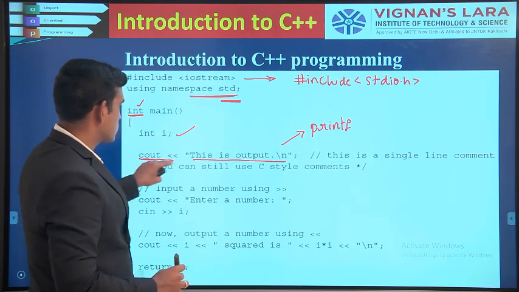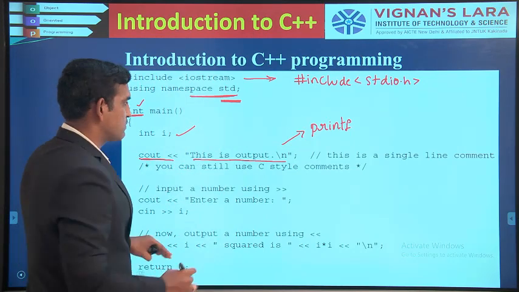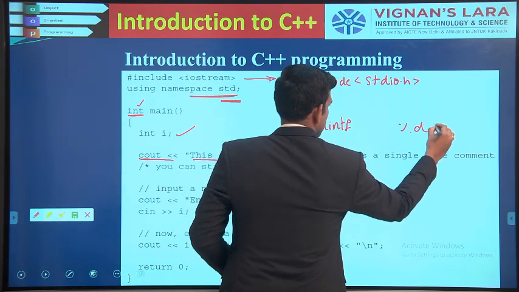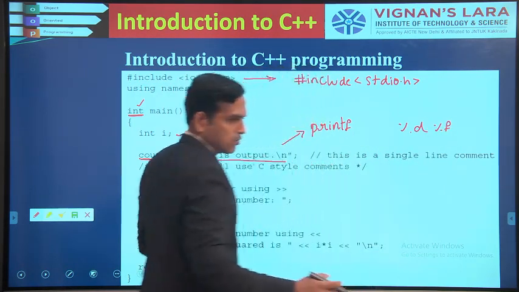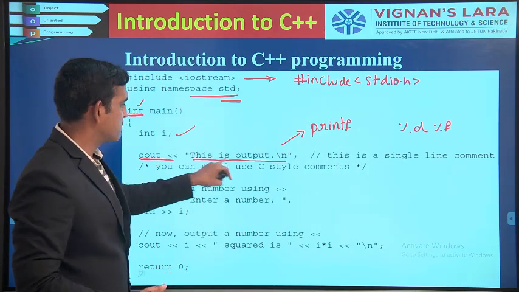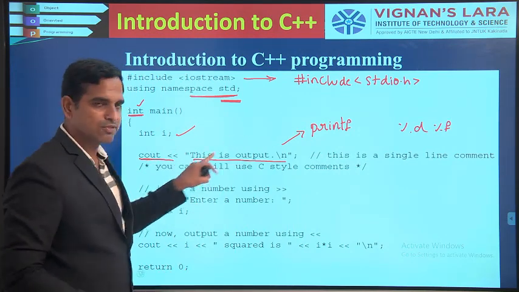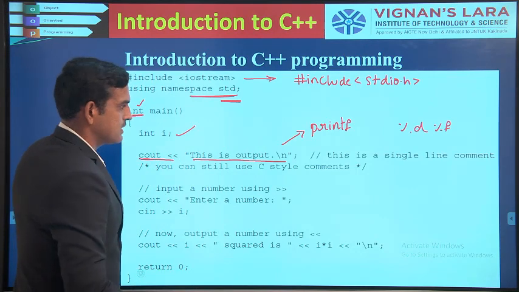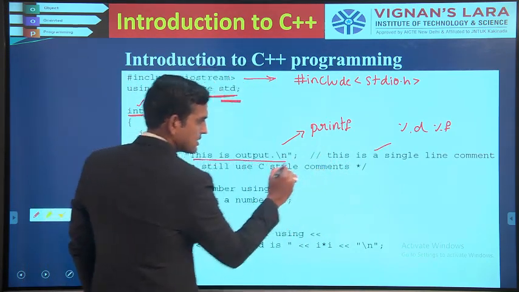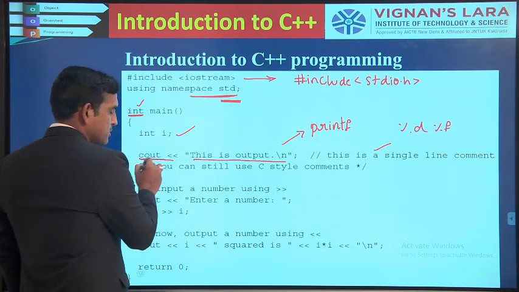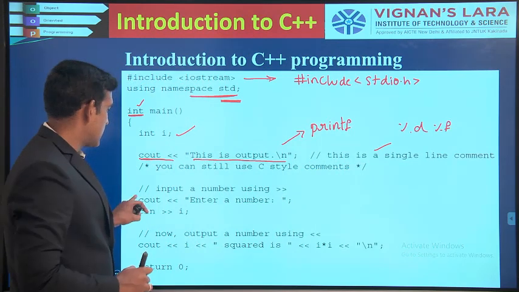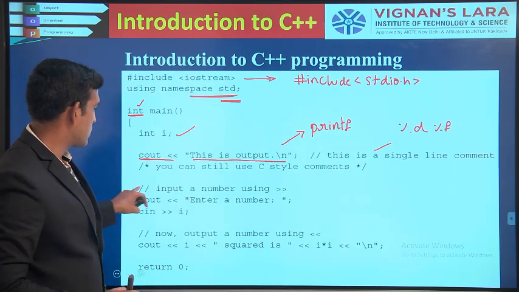Here you need not specify the access specifiers, that is %d, %f. If you want to print a number, you need not specify those; instead of printf you use cout. And just like C language, you can use single line comments using // or multiple line comments using /* and */, and we will be using the single line comments.